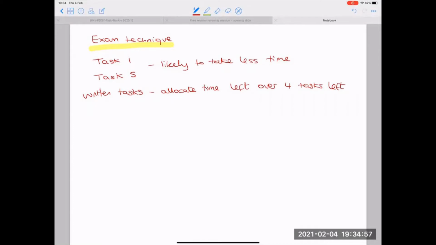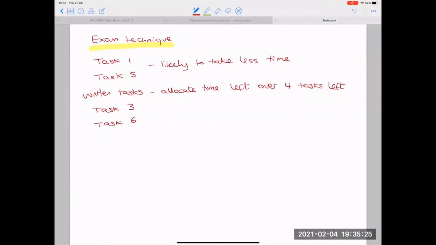Spend the time you need on task 1 and 5. Don't rush them. Then if you've got maybe 2 hours left, that would be exactly on time. If you've got maybe 2.5 hours left, we'll spread that out over the 4 tasks you've got left. That way you maximize the chance of getting the most marks you can on these 4 other written tasks.